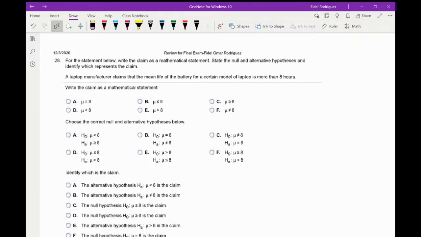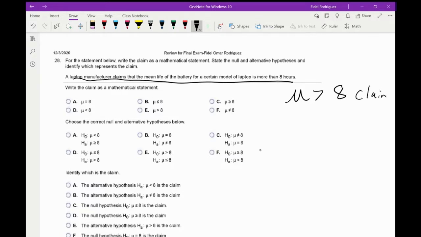This one's going to be straightforward, and it's just telling us what are we looking for here? It says a laptop manufacturer claims that the mean life of the battery of a certain model laptop is more than 8 hours. Okay, so when I read this part here, it's telling me that mu is more than 8.